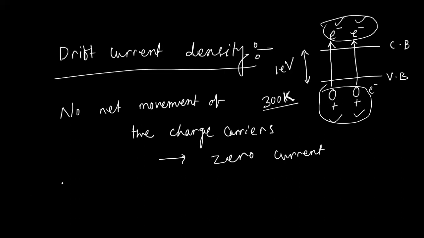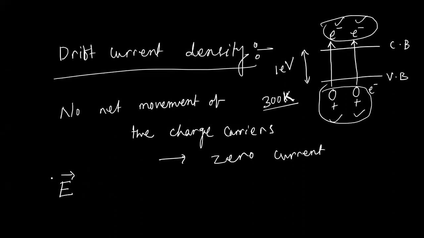Now if you apply some external electric field, then these electrons and holes, in the conduction band and valence band respectively, will be accelerated towards opposite ends, and their velocity will now increase.